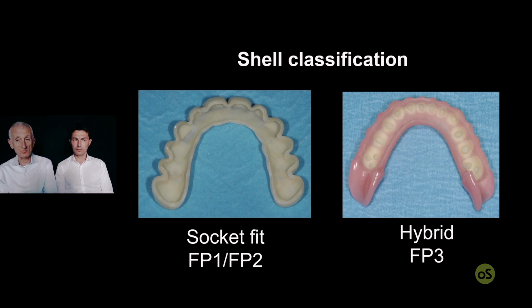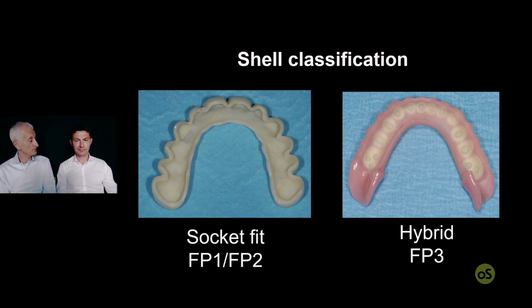So we normally call the white shell a socket fit shell, and the white and pink a hybrid shell. Sometimes beyond the ocean, they call them FP1, FP2, and FP3.